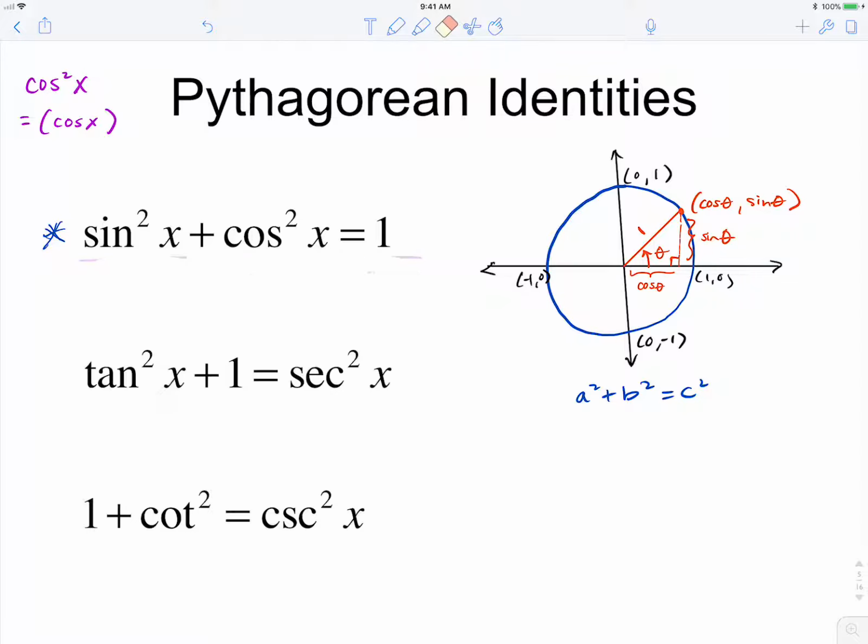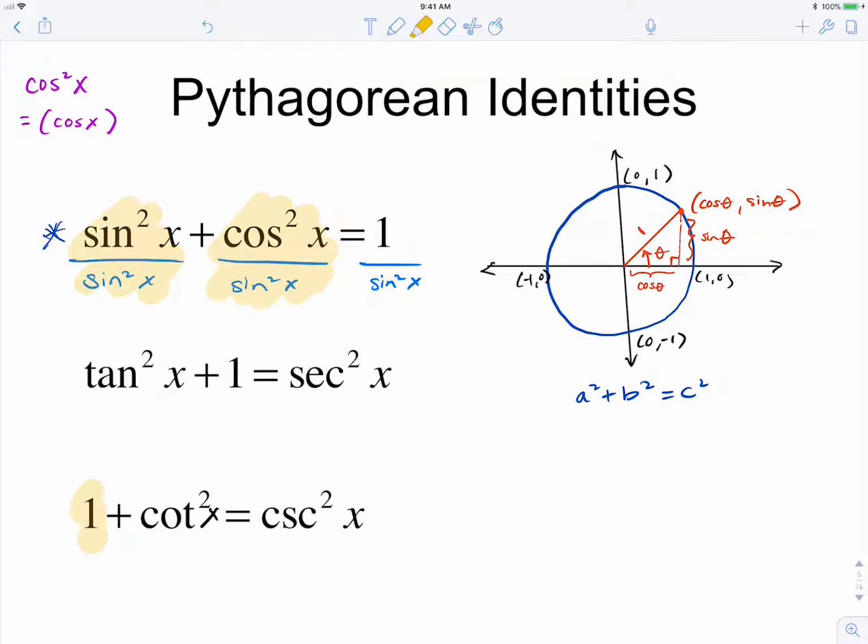And then to backtrack, to derive the last identity, so to derive 1 plus cotangent squared equals cosecant squared, we would want to divide each side of the first identity by sine squared. So then we would end up with sine squared divided by sine squared is 1.